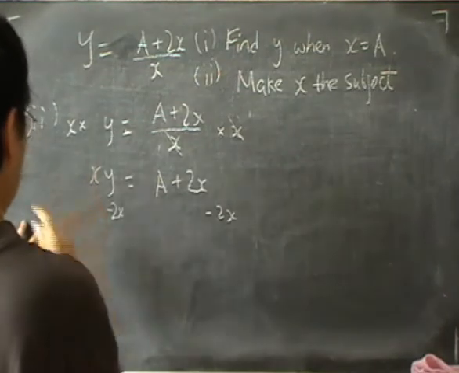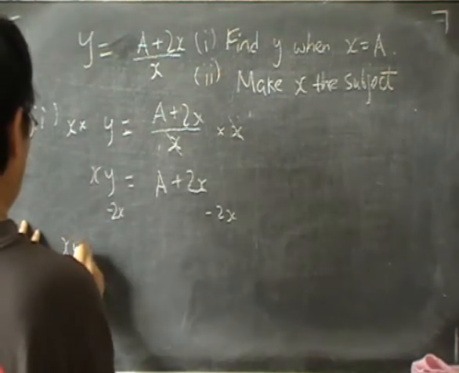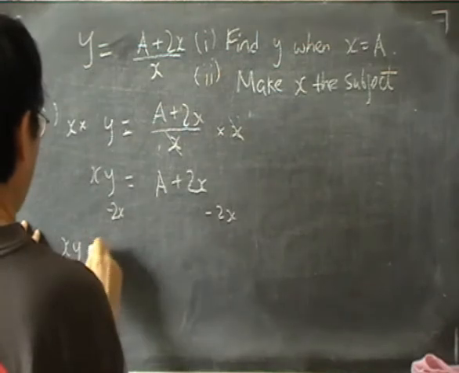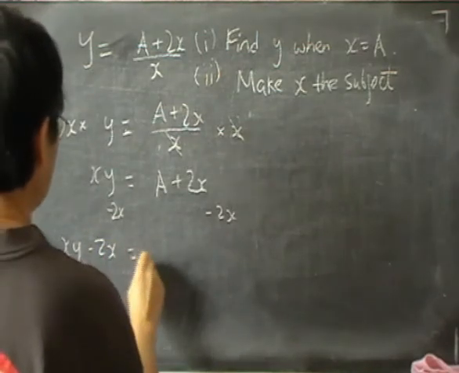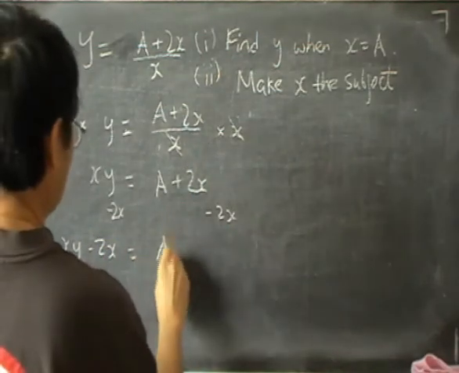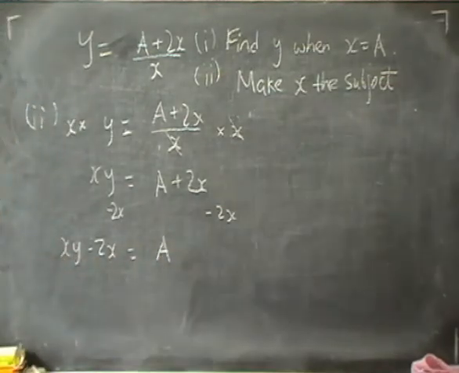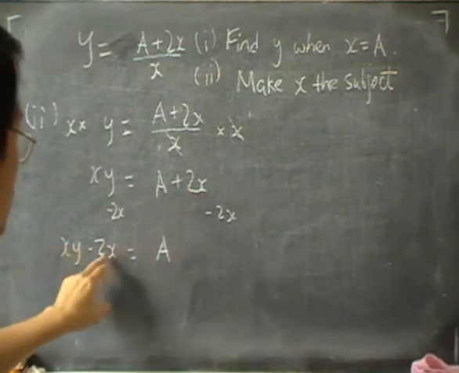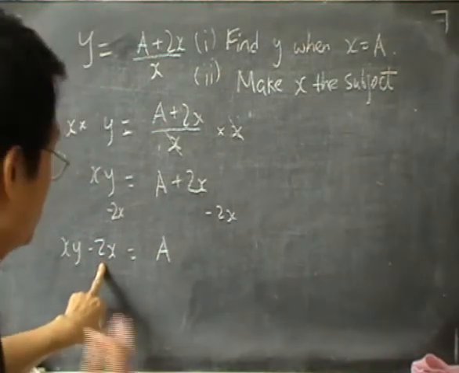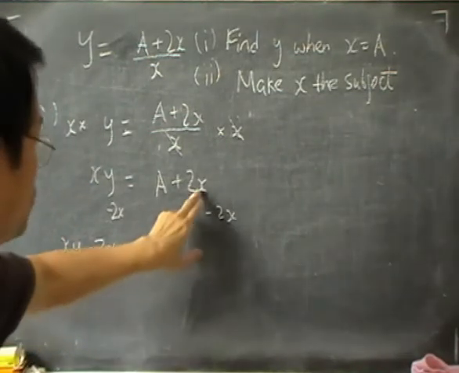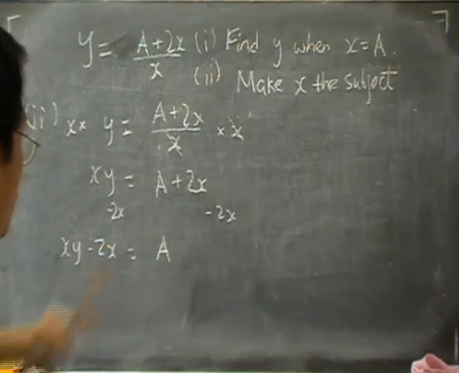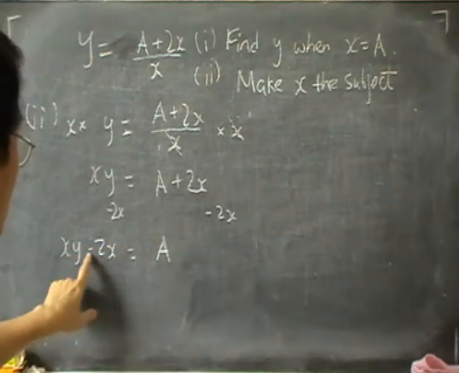Okay, so on the left side I now have xy minus 2x. On the right side I have just a. So if you look at the 2x there and the minus 2x there, I have effectively moved 2x over to the left, and the sign has changed.